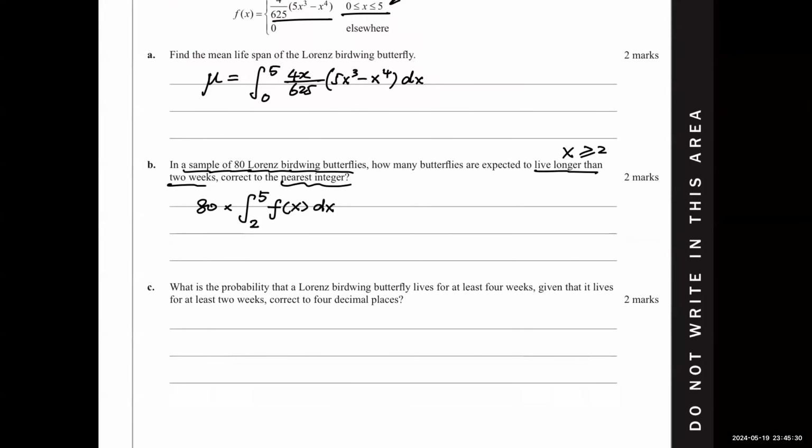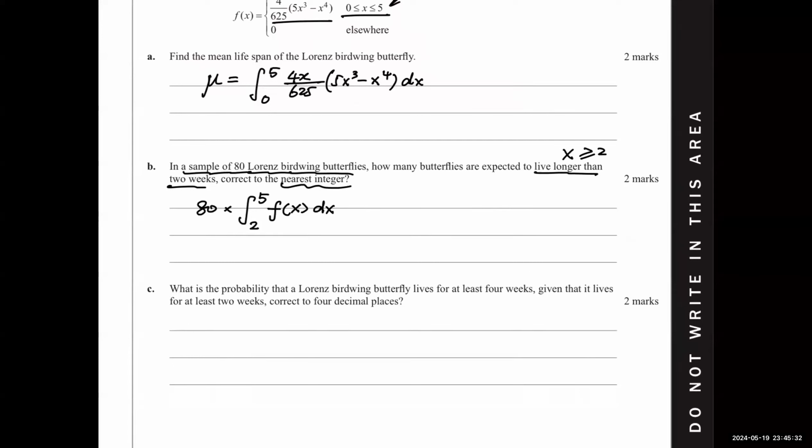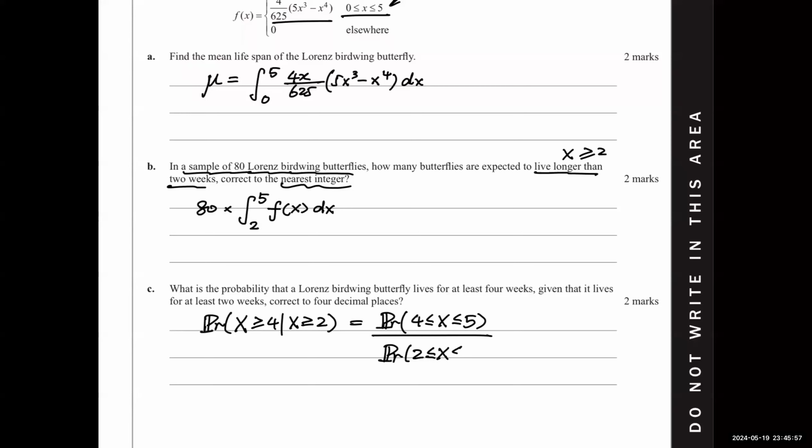And what is the probability that the Lorentz birdwing butterfly lives for at least 4 weeks, given that it lives for at least 2 weeks? So we would like the probability of x greater than or equal to 4, given x greater than or equal to 2. So this is like the probability of x between 4 and 5 divided by the probability of x greater than or equal to 2, less than or equal to 5, okay?